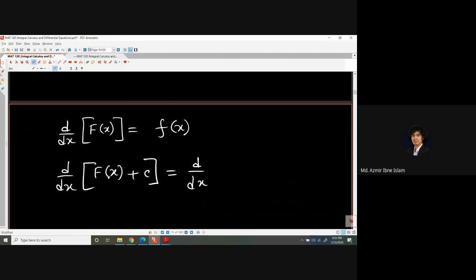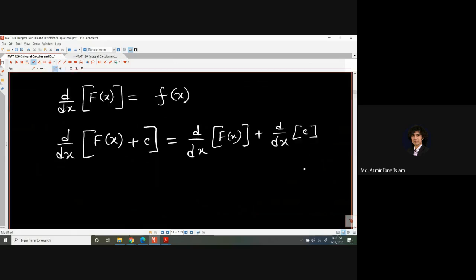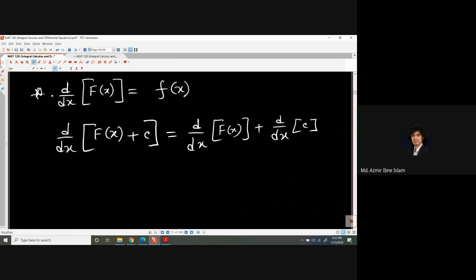So actually it is not affecting our result, because with differentiation, if we have several parts, using the sum rule of differentiation, we can separate this into d/dx of capital F(x) and d/dx of the constant. You know that d/dx of F(x) is actually the original function, and d/dx of any constant will give you a value 0. So finally what are we getting?